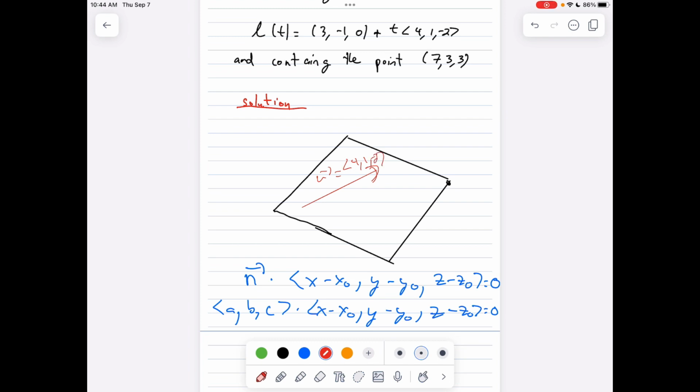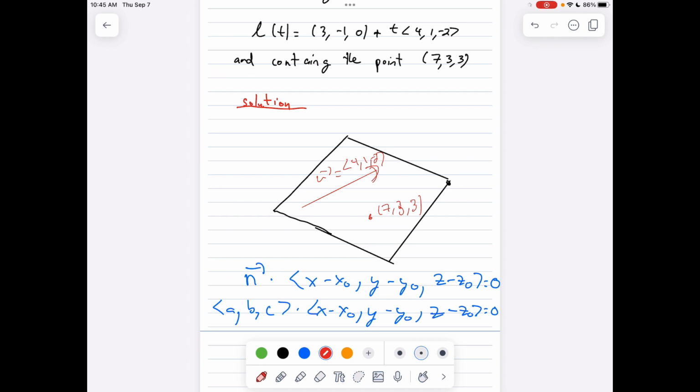Now, a plane is defined by the span of two vectors, those vectors being non-parallel. So I need to find another vector that's on the plane. How can I do that? Well, I'm told that I've got the point (7, 3, 3). What I can do is get another point on the plane and subtract the points from each other.